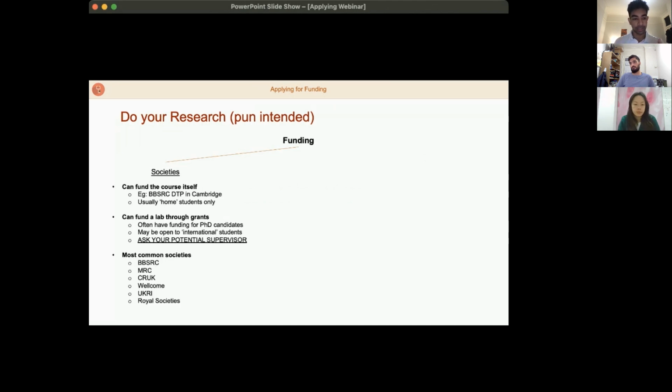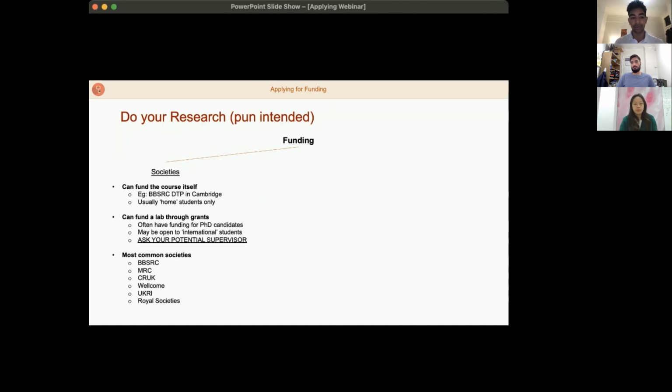And the last bit is a few common societies that you might be able to look around at and see what sorts of funding they have. Like Jas was saying, he included some places where he could get funding for the project he proposed. You can look at some of these societies and see whether what you're planning to do falls into one of their criteria, and then you could suggest that as a grant to get funding for your project.